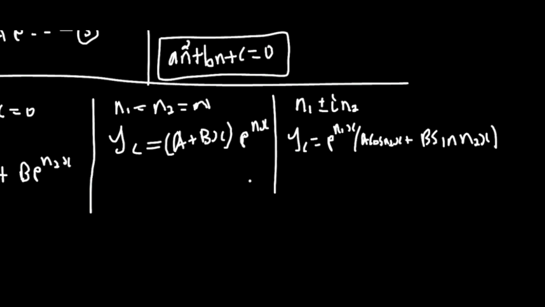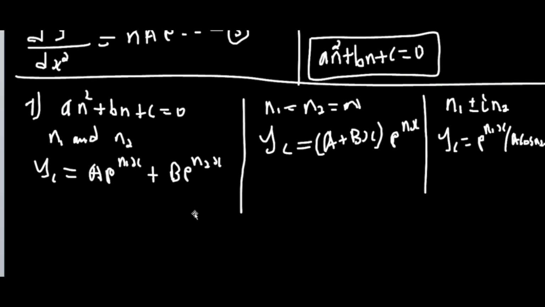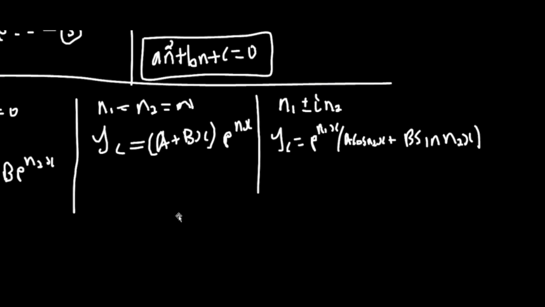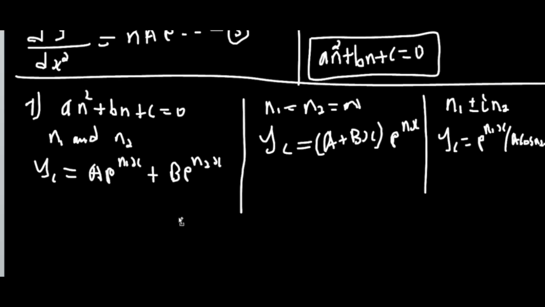So those are the three cases we are going to be dealing with. We either have two real and distinct roots, two equal roots, or two complex roots, and for each of these cases they're going to have their particular complementary solutions.